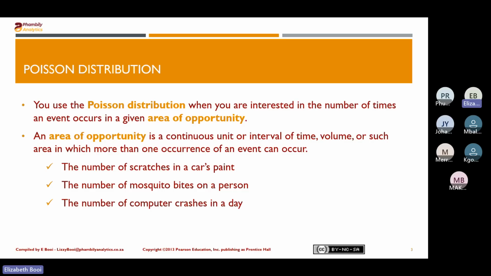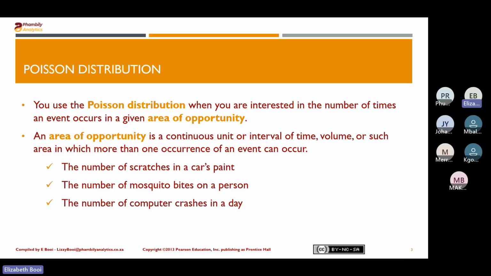For example, you can count the number of scratches in a car's paint. If you work in an auto body shop, or in a dealership where they repair cars, you can look at the number of scratches a car comes through with, and so on.